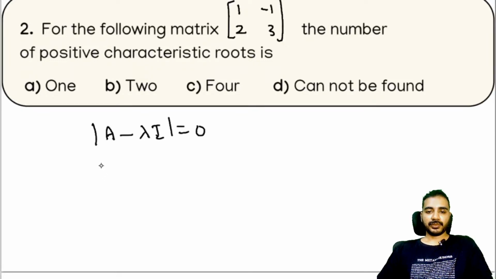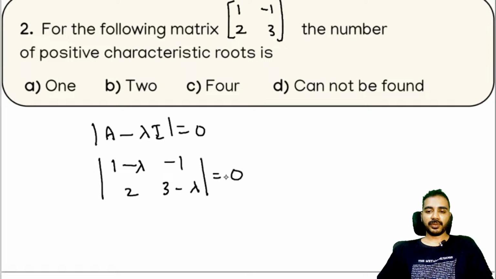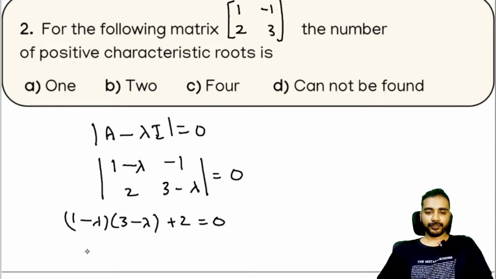If I do this, I will be getting 1 minus lambda, minus 1, 2, then 3 minus lambda, which is equal to 0. So (1 minus lambda) into (3 minus lambda) plus 2 equal to 0.